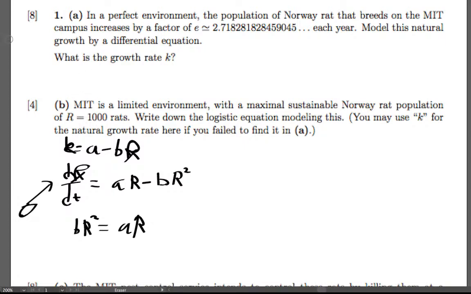Instead, we are going to be modeling this, because this one here is stating that it's a perfect condition, which means that we could say this as dr/dt equals k of r. That was my first intuition after all.